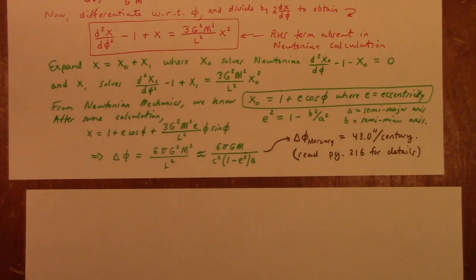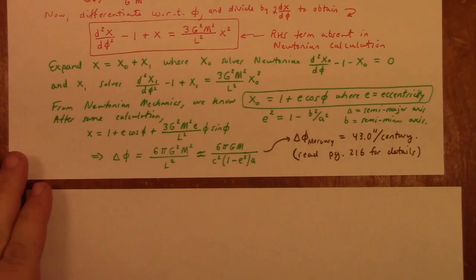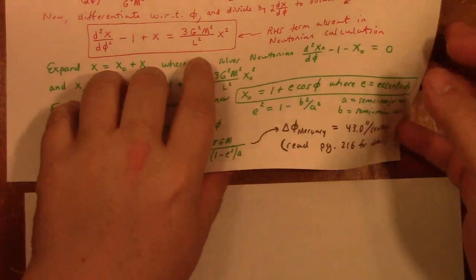And they were confident about that calculation well enough to know that there was a discrepancy of 43 arc seconds. So that was sitting there waiting to be explained by general relativity. That's not something Einstein had to go and find. It was a known problem. So that's one thing. All right, let me move along here.